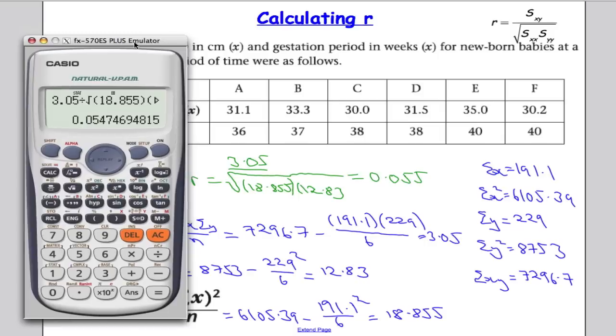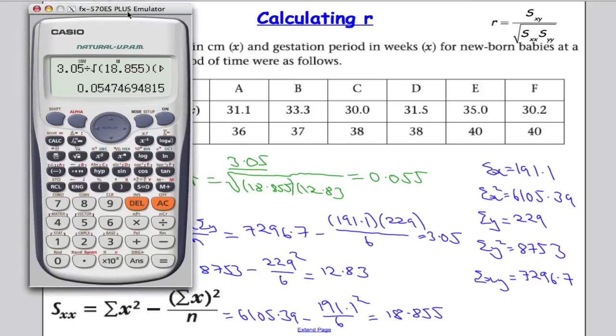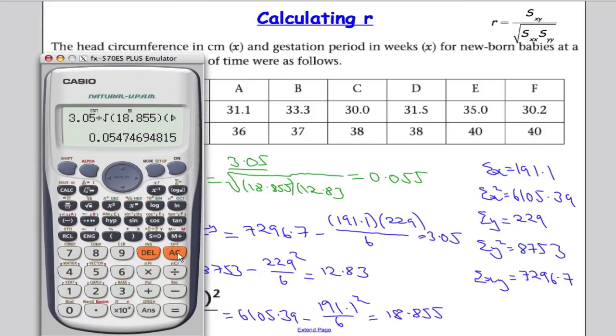I don't particularly recommend doing this in the exam because it's nice to show the examiner that you can work out SXX, SYY, SXY, and then at least if something goes wrong you won't lose a ton of marks. But I'm pretty sure that we can use the calculator to work out R. So if I hit 1 and then stats and I hit var, it's not var. Let's try that again. 1 stat, sorry, 5 reg for regression, which we'll talk about in a later video.